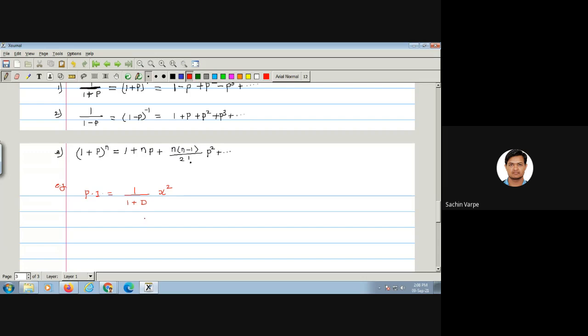Using the expansions above, I can directly write 1 upon 1 plus D in terms of infinite terms: 1 minus D plus D square minus D cube plus and so on.